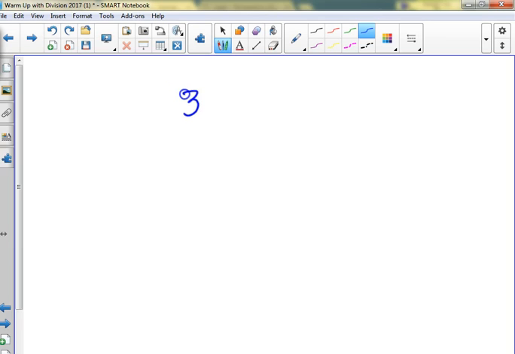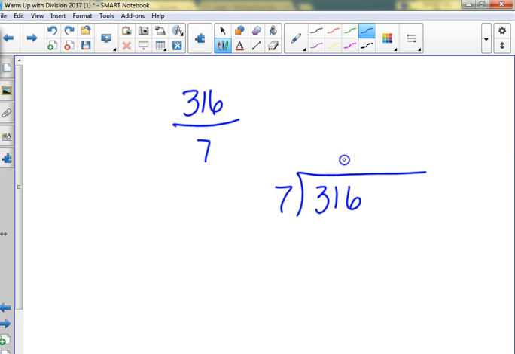So just use this for me, divided by 7. Anybody know the vocabulary? Divisor, dividend, quotient, any of those? When we do this, where's the quotient going to be? Yes, the quotient is going to be up here. The quotient is the answer, right?